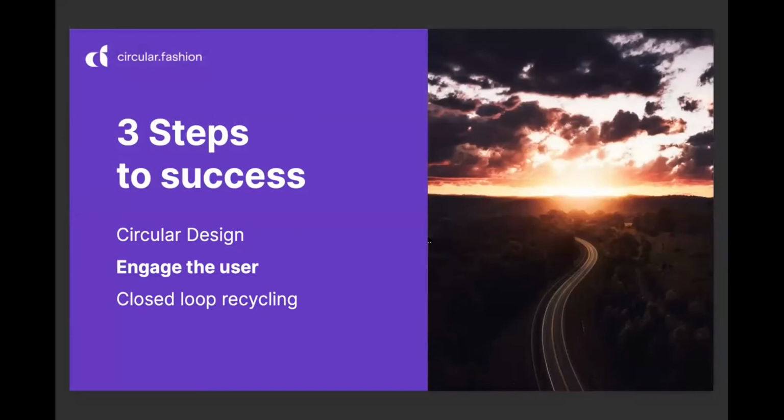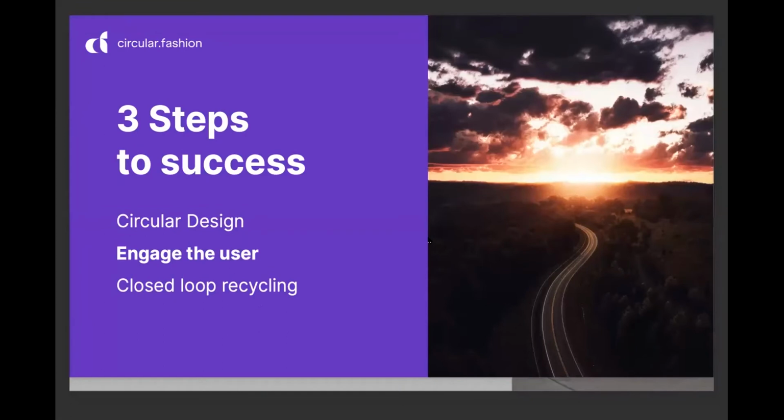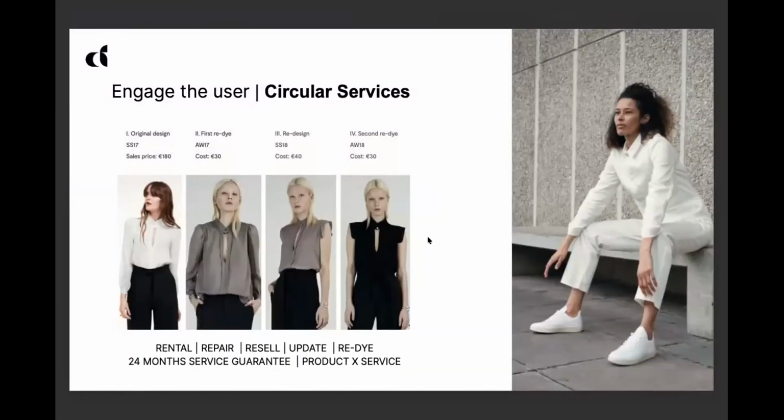And so if we now have a recyclable or circular product, which is very long lasting as well, of course, we also want the users to love it for a long time and to really engage with it. So we collaborate a lot with our partners and fashion brands to build up circular services. So here are two examples that I've brought. One that we developed for Kerli, a concept that is basically a re-dye option.